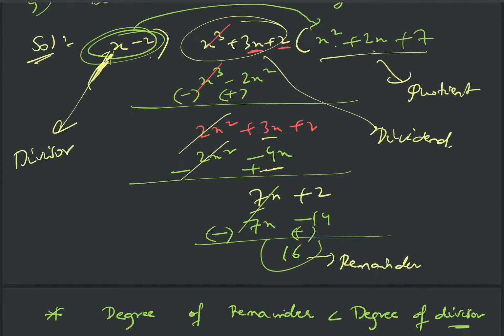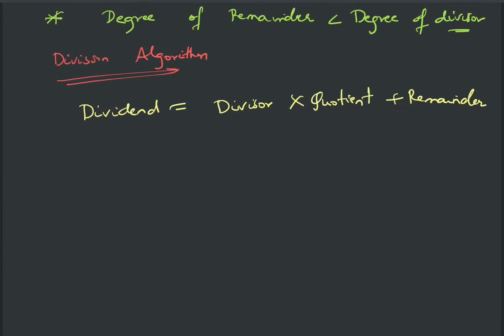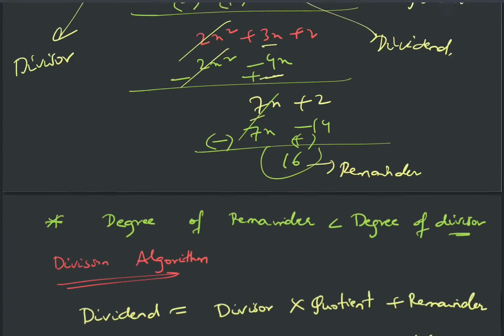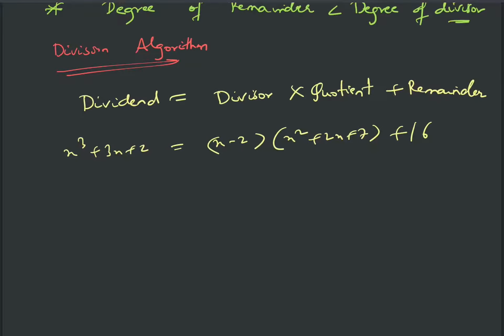Because if you multiply x minus 2 with the quotient and subtract from this, you get a remainder of 16. So x cube plus 3x plus 2 is equal to x minus 2 into x square plus 2x plus 7, plus 16. I think this is very clear to you.